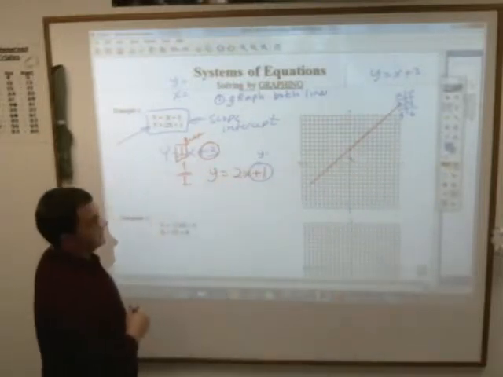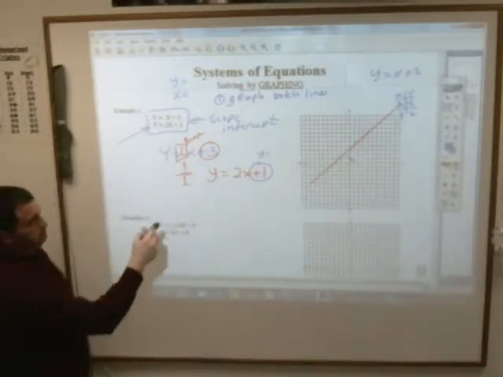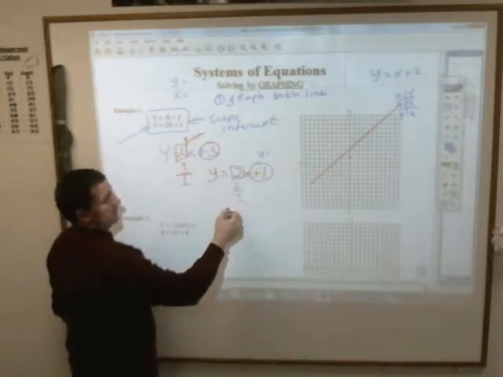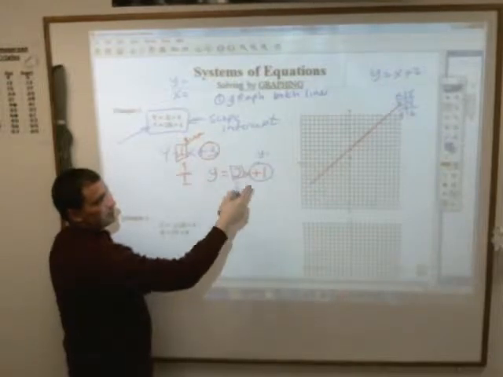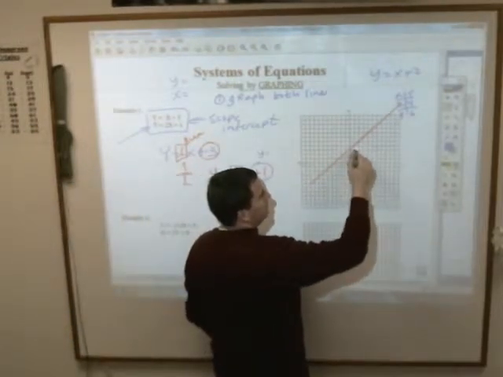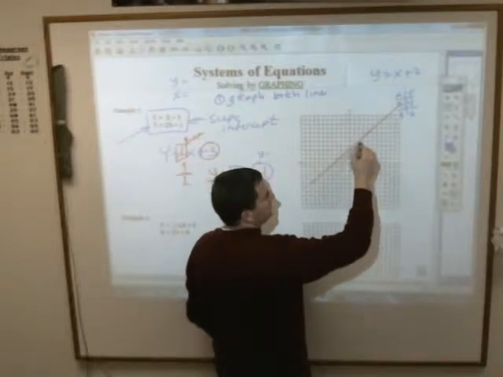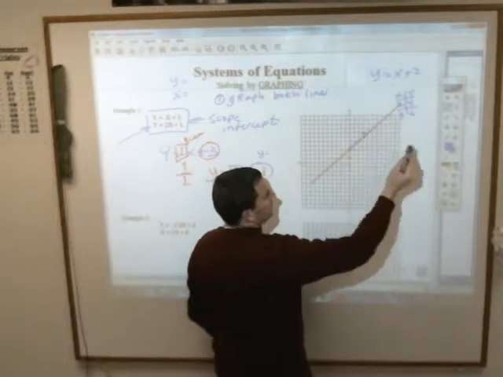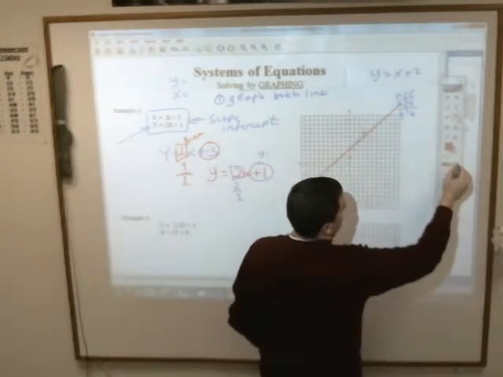And then what is the slope? What number's in front of the x? So you make it a fraction. It goes up 2 for every 1 over. Okay, so you go up 2 over 1, up 2 over 1, up 2 over 1, and then you draw a line there.